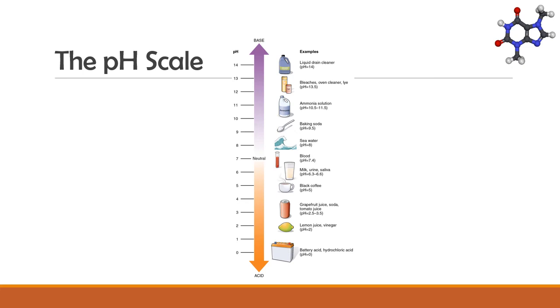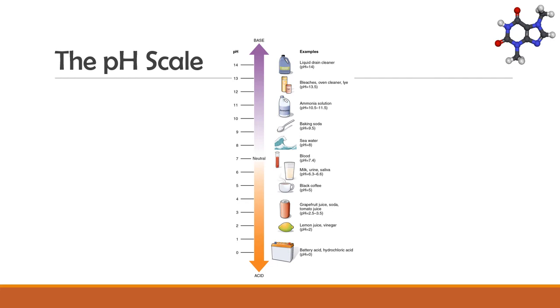Seawater with a pH of 8 is considered slightly basic. On the other side of the scale, milk, urine, and saliva are considered slightly acidic. Coffee is acidic with a pH of 5. Lemon and vinegar are more acidic with a pH of 2. Battery acid and hydrochloric acid are the strongest acids among these solutions, with a pH of almost 0.